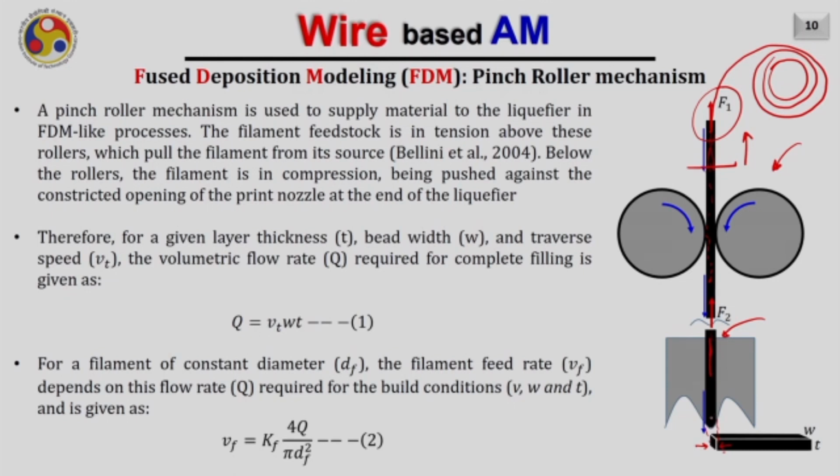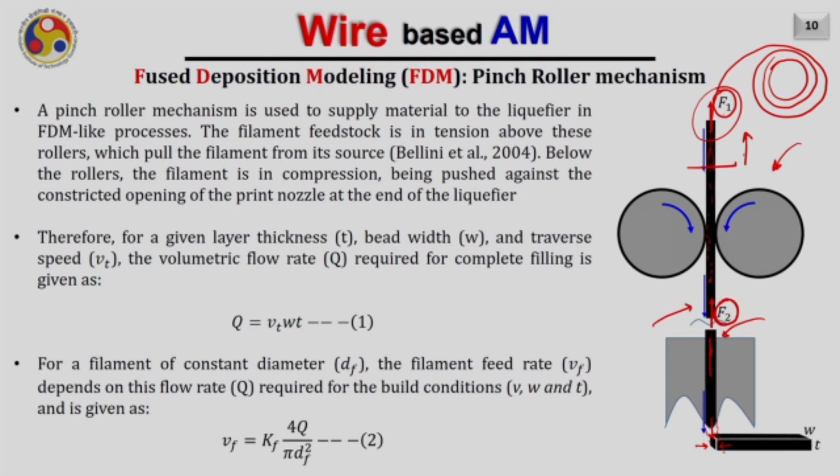To push this wire into this tiny orifice, a compressive force is typically applied. So the wire will be in compression on the bottom side. So if you look broadly, you will find that the wire on the top is subjected to tension, and the wire on the bottom is subjected to a compressive load.